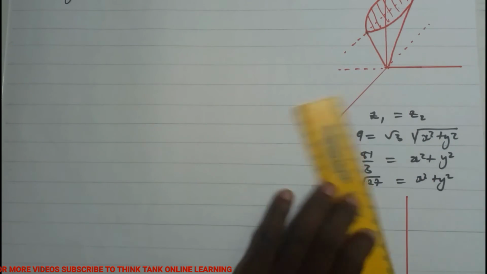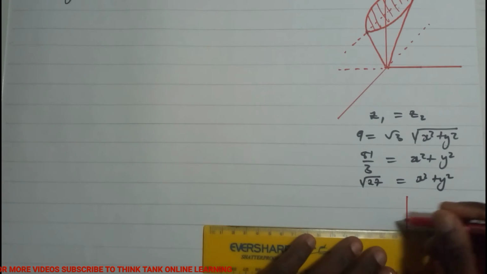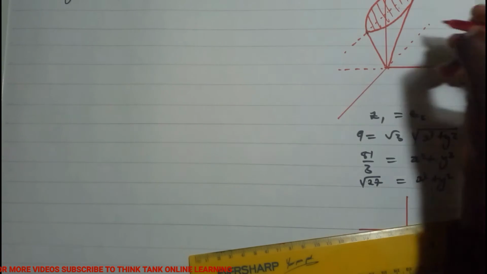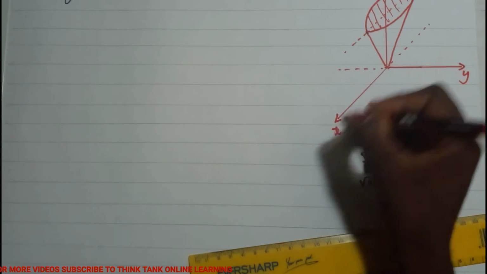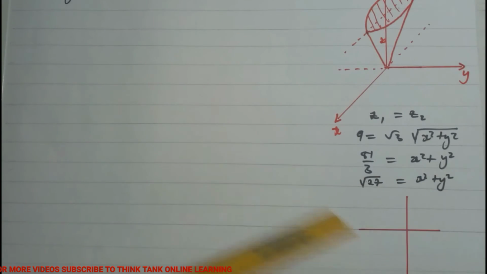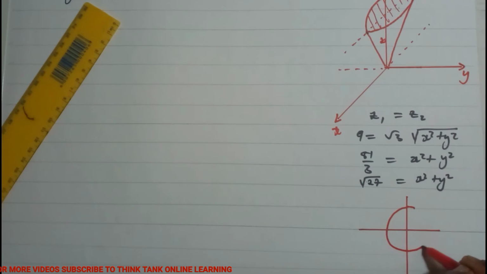Now we're in the xy plane. This is the y axis, this is the x axis, and this is the z axis. I'm going to draw the circle. The center is the origin, so here I have root 27 and here negative root 27.